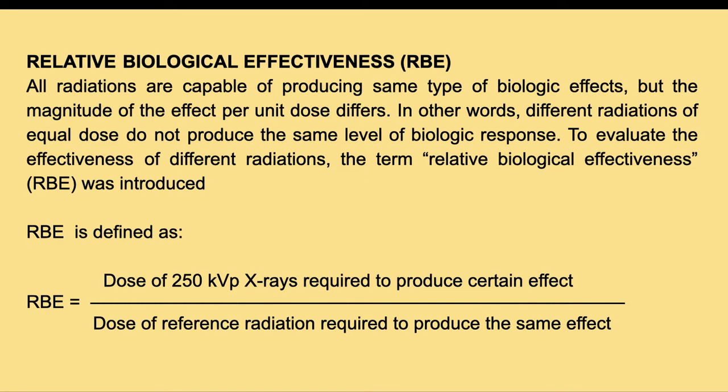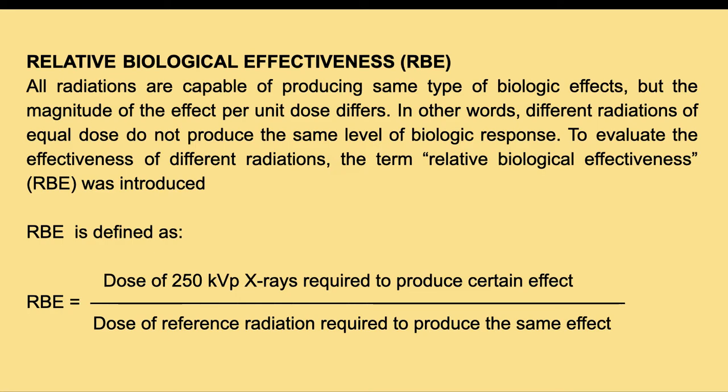And this is an important quantity: relative biological effectiveness, RBE. All radiations are capable of producing the same type of biological effects. That is why they produce mutation in cells. They can destroy cells, or they can affect the chromosomes in the cell, or they can damage the cell, etc. But the magnitude of the effect per unit dose differs.